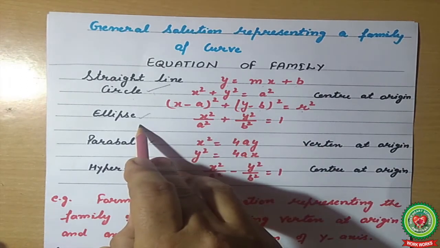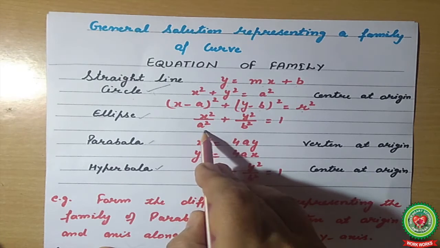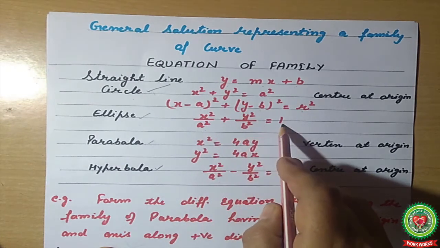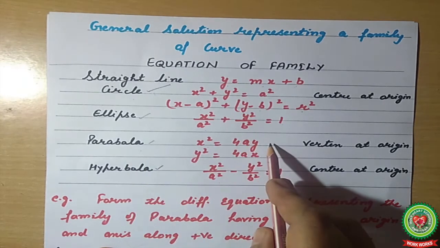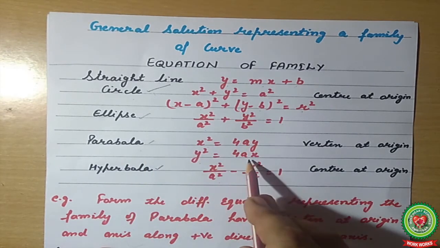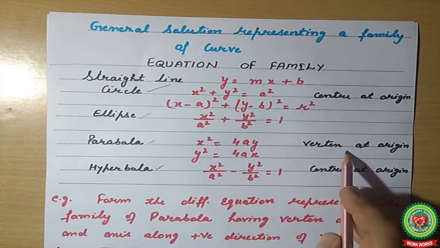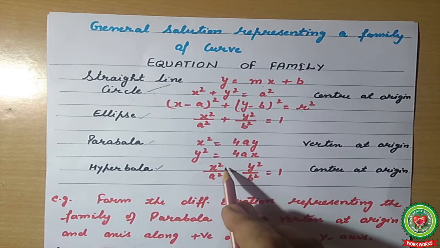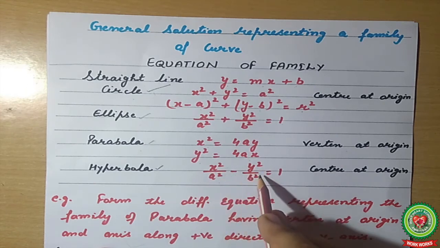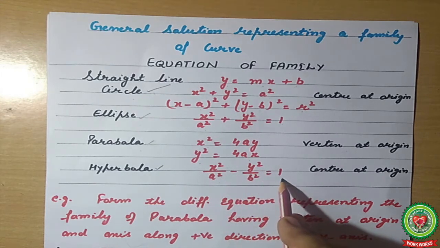Equation of ellipse is x square upon a square plus y square upon b square is equal to 1. Equation of parabola: x square is equal to 4ay, y square is equal to 4ax, with vertex at origin. Hyperbola equation: x square upon a square minus y square upon b square is equal to 1.